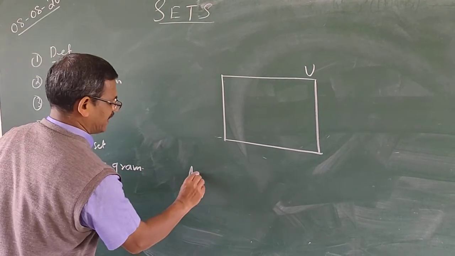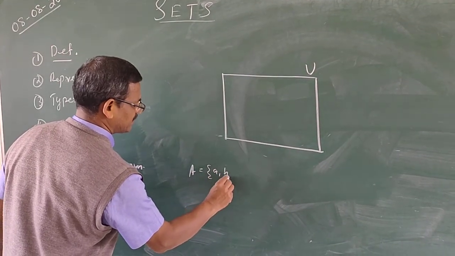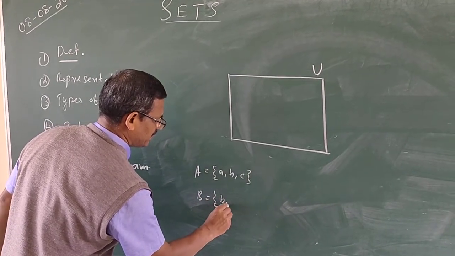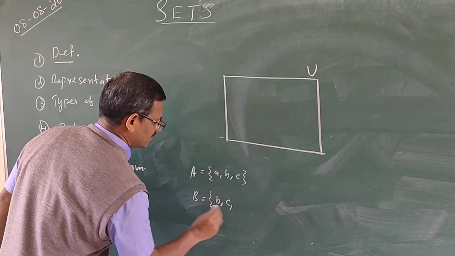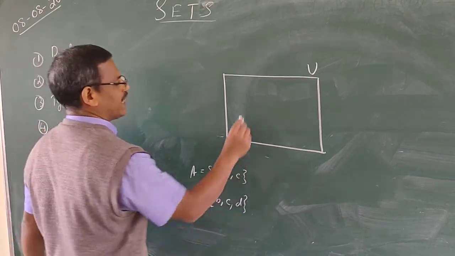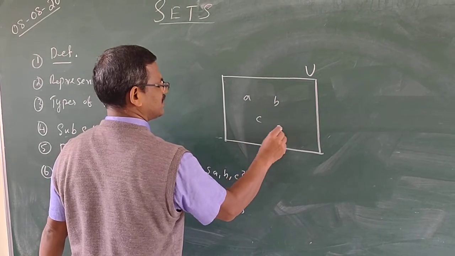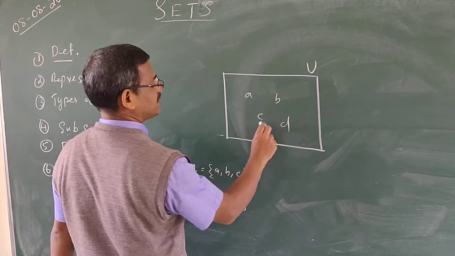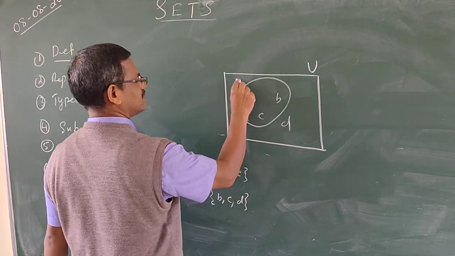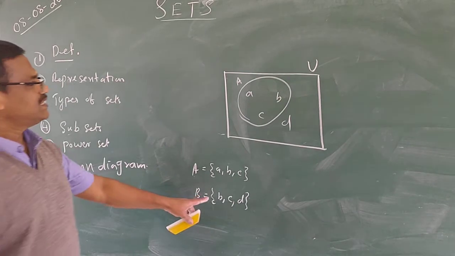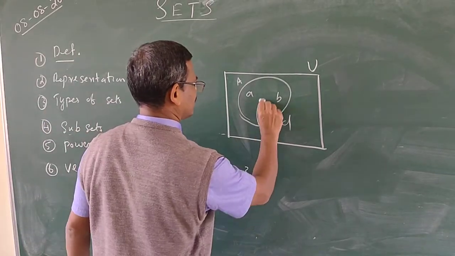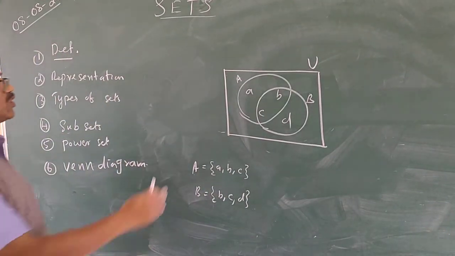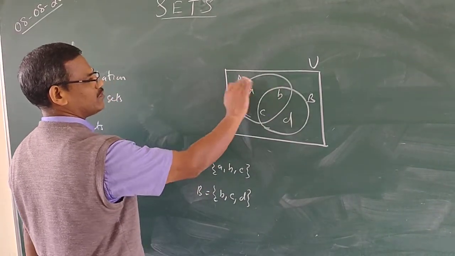Say I have taken A equal to {A, B, C} and B equal to {B, C, D}. So I have here A, B, C, D. I put it here. Then A, B, C comes in one and B, C, D comes in the other. Like that we can represent. It shows that B and C are common elements for both sets.